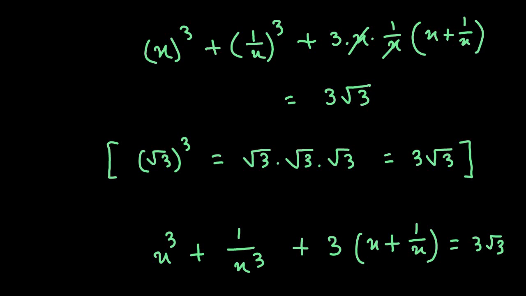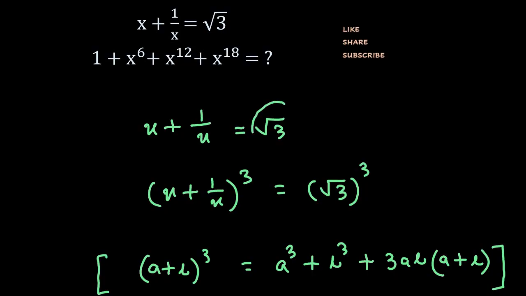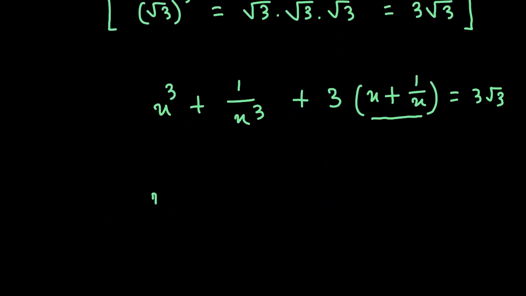Now we know the value of x plus 1 by x as square root of 3. We can put this value and we can write x cube plus 1 by x cube plus 3 times square root of 3 equals 3 square root of 3.